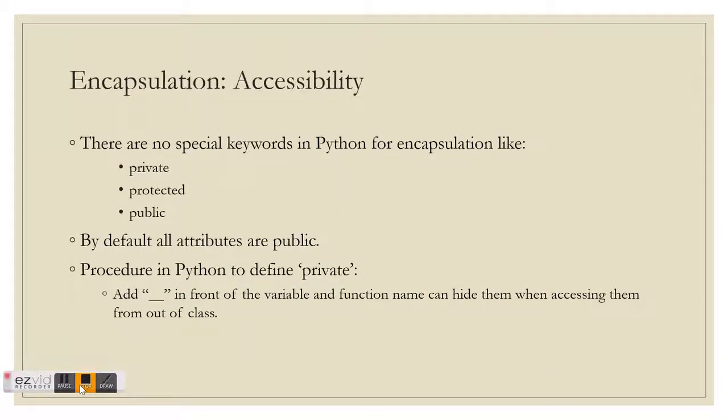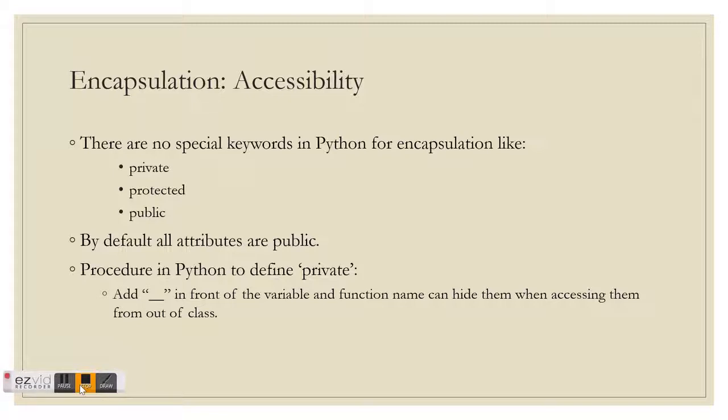So another very basic and important property of object-oriented programming is encapsulation or accessibility. Unlike Java or some other object-oriented languages, Python doesn't have special keywords for encapsulation such as private, protected and public. Public means the data can be accessed from anyone outside the class.